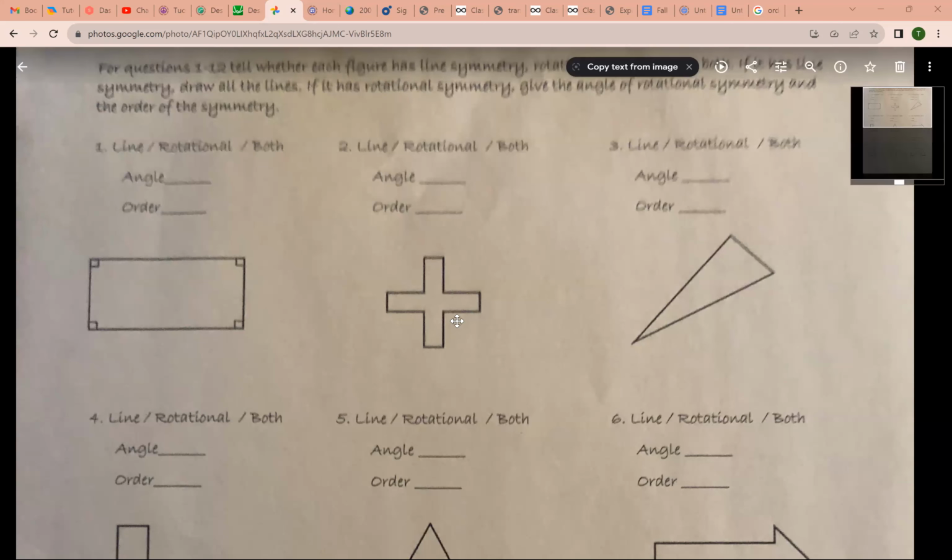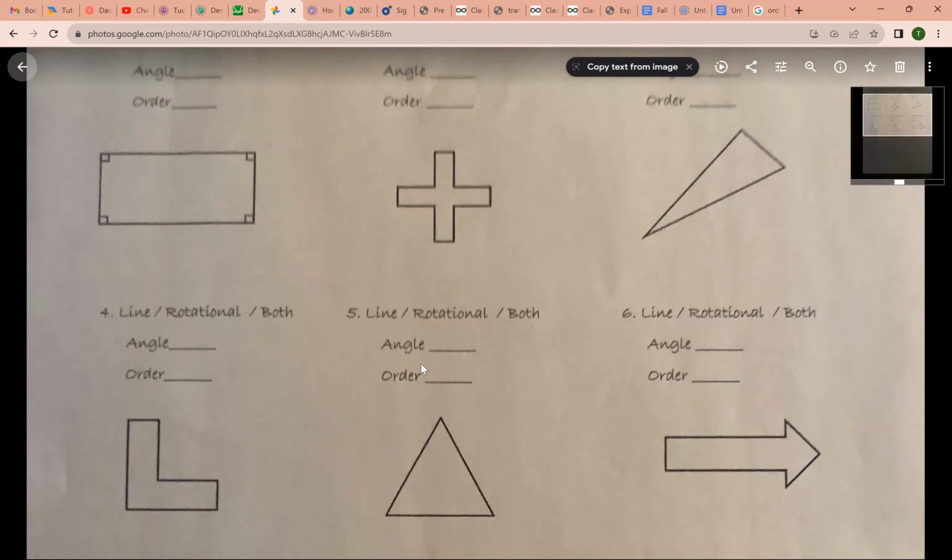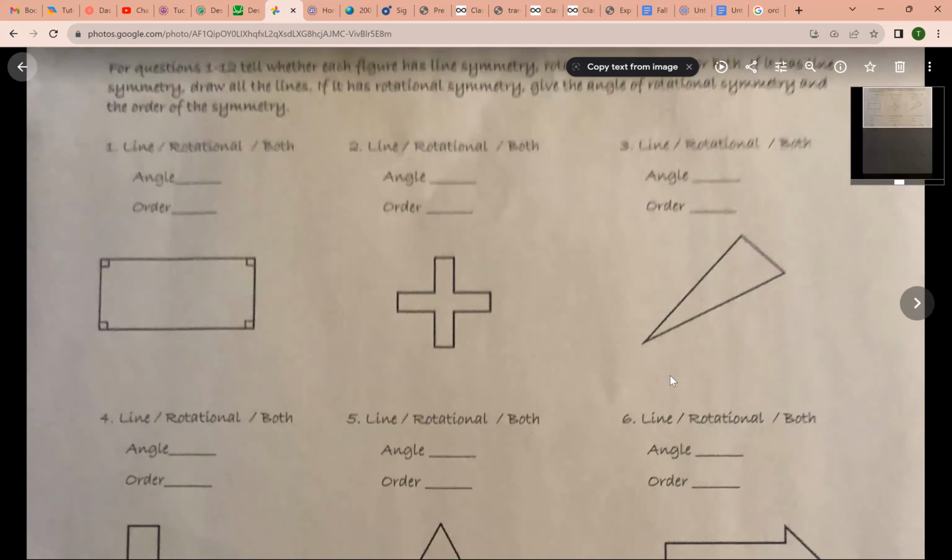What do you think? Is that okay? Yeah. So good, I guess it's got both. But all right. So number three is the first one that does not have both. Well, I take that back.